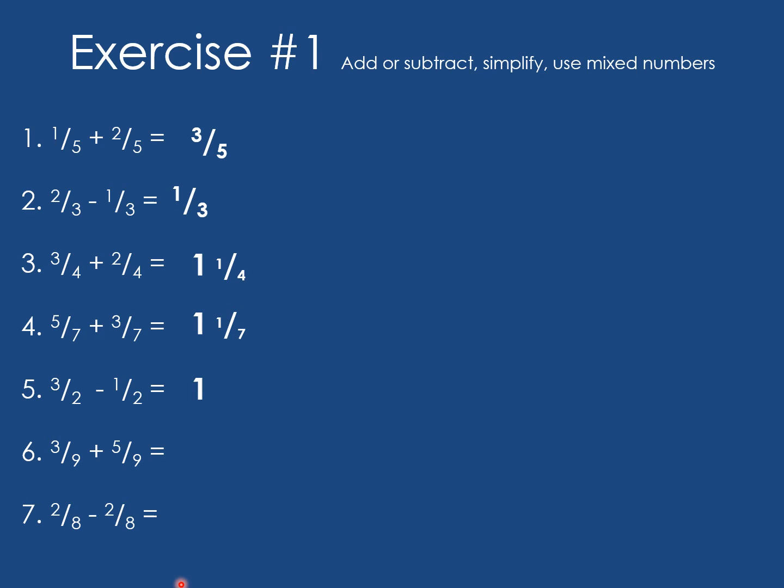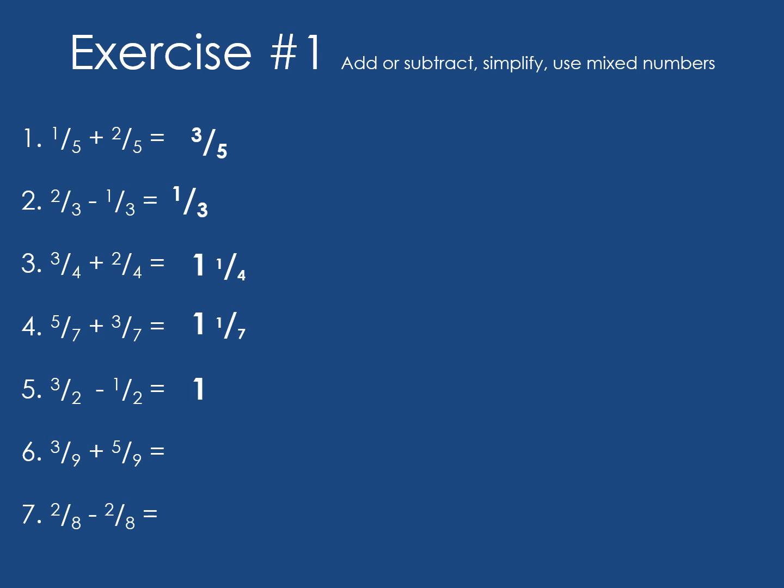Let's look at it: 3 minus 1 is equal to 2. Copy the denominator 2. Simplify this number. 2 divided by 2, of course, is 1. Okay, very good.